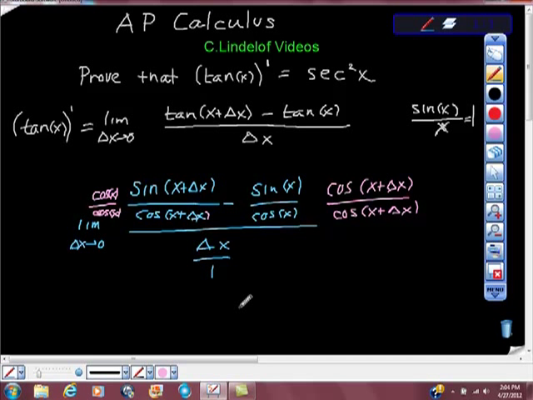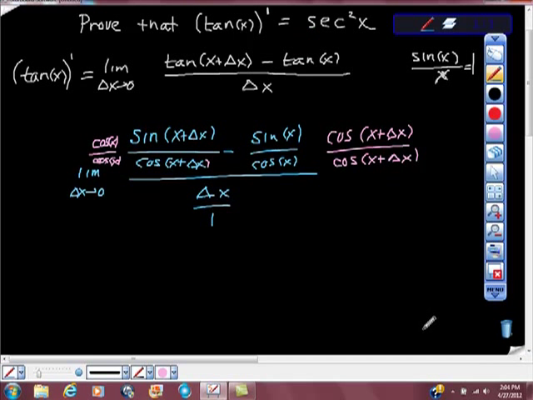Look at this for a second, because if you know your trig identities, this will really help. This is the subtraction formula for sine, isn't it? So when we multiply this, we get sine of x plus change in x times cosine x minus sine x, and you're going, well, how's that helpful?